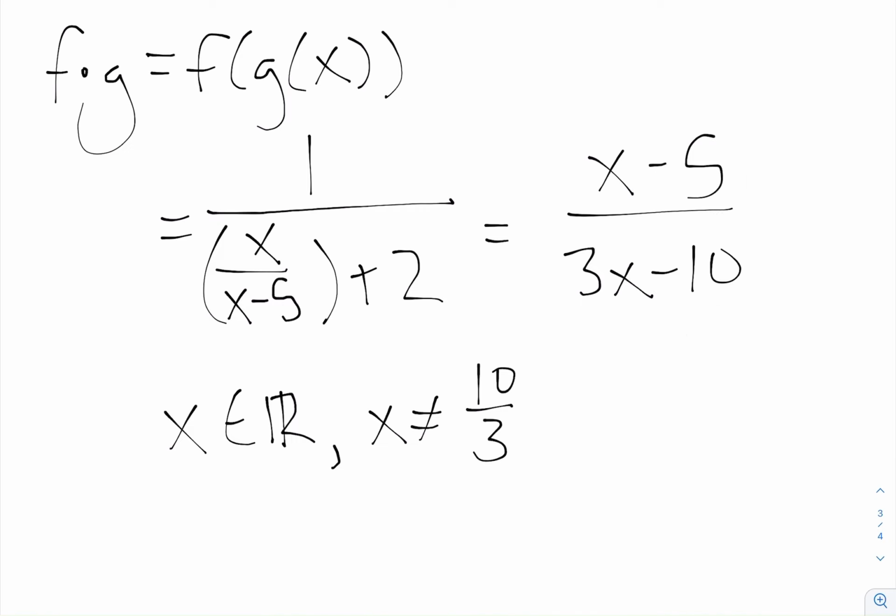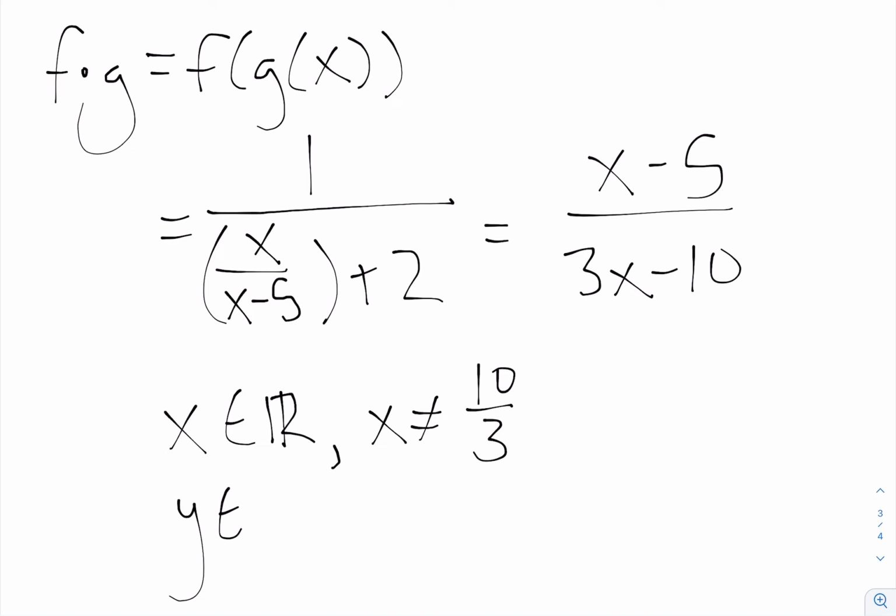So this will eventually become 1 over 3 as the limit of the function as x approaches infinity or negative infinity. So that's also a horizontal asymptote. Okay, so I'm going to put y as an element of real numbers.